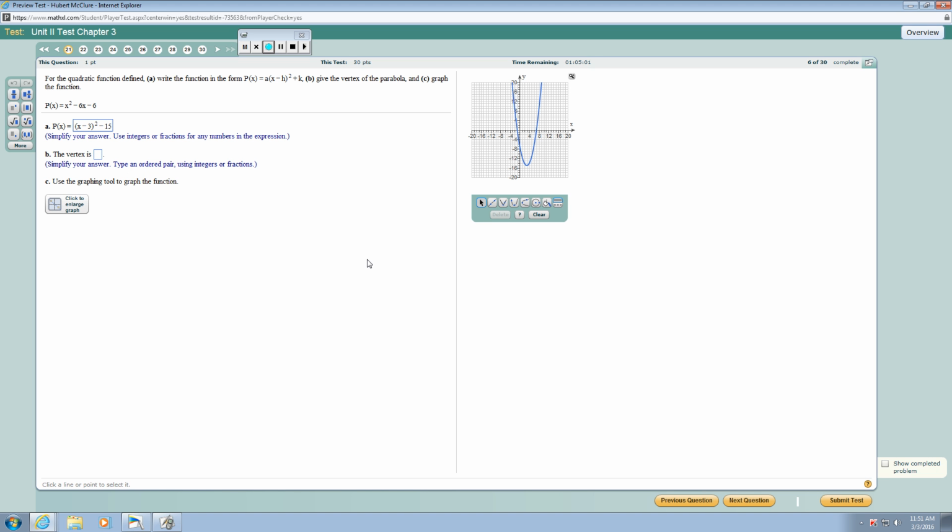The vertex is 3 comma negative 15. And it's going to mark it wrong because I just put the edge on parentheses. That's something I'm not worried about. Okay? That should be your answer.